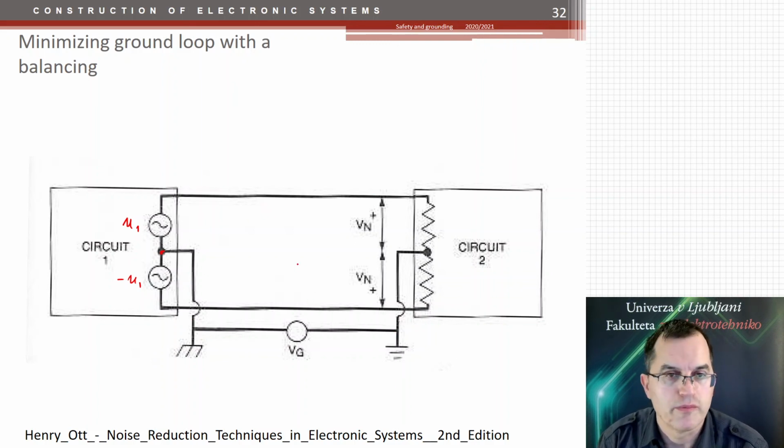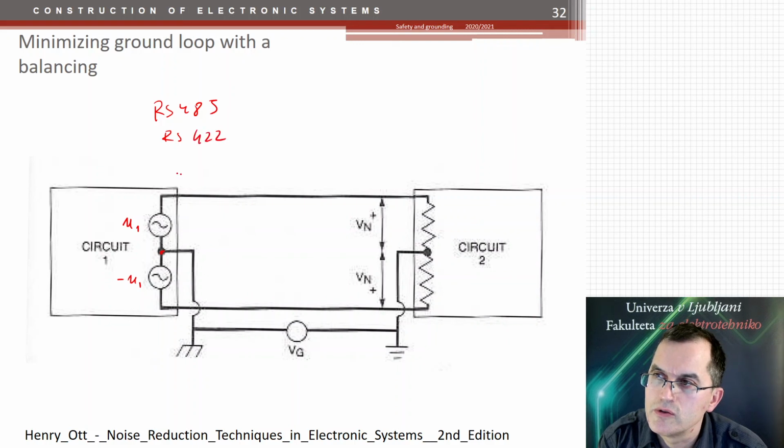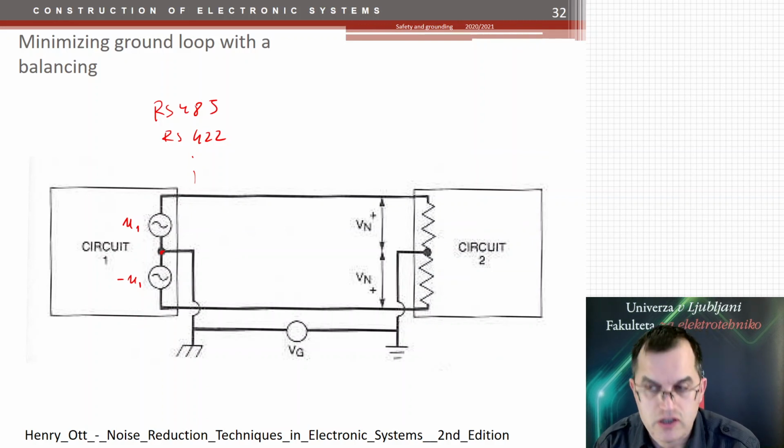This is so-called balancing, and that balancing is quite often used in communication systems. For example, RS485, RS422, and other communication standards are all balanced. That means they are differential in their initial design.